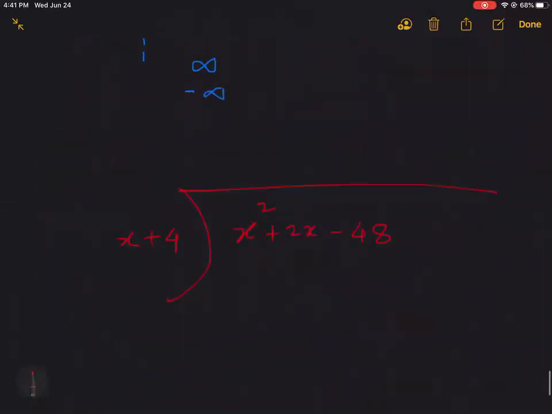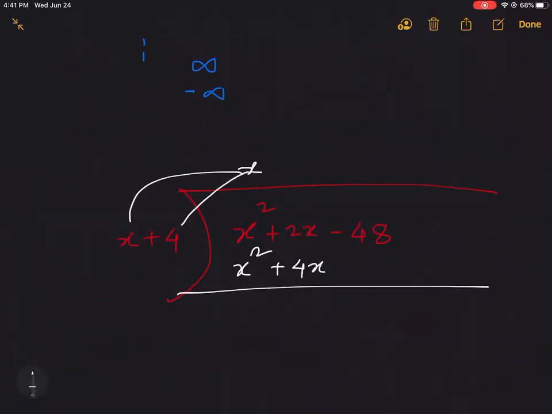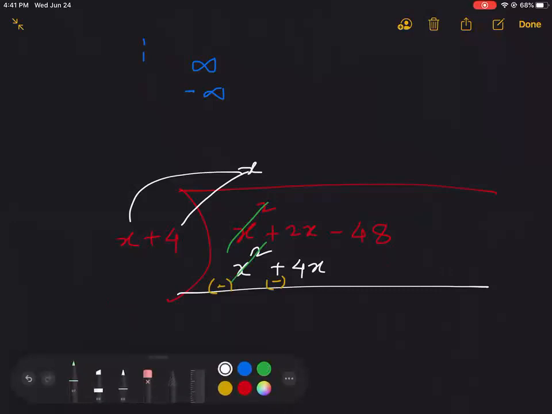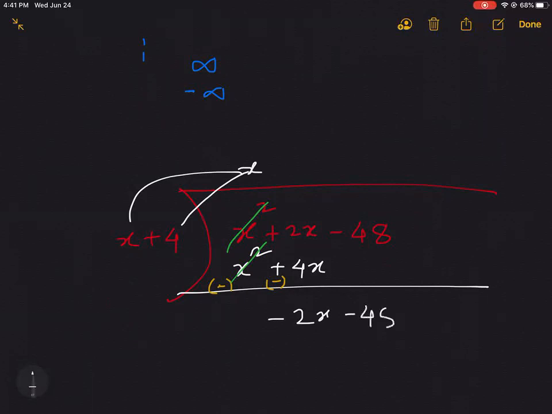Okay, so it will be x here because x times x will give me x squared, and x times 4 will give me 4x. As I subtract this, the signs will get altered, so this will get cancelled. All I'll have is a negative 2x, right? And the minus 48 will come down. The next term always comes down, right?